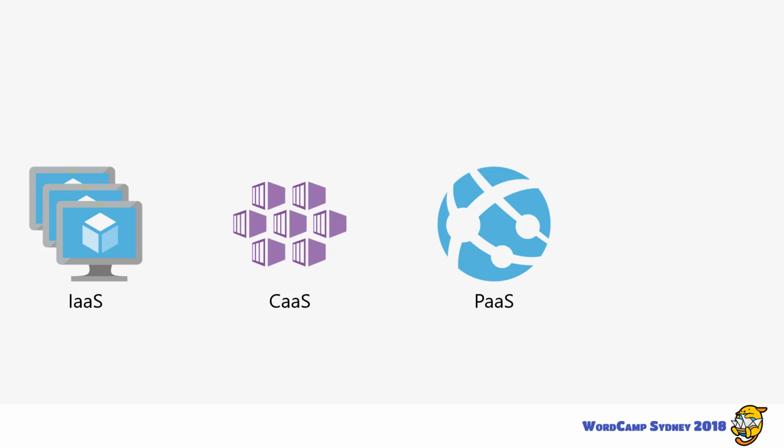Now, this is actually my favorite part, PaaS, which stands for Platform as a Service. In this case, we don't have to worry about any server maintenance. We don't have to worry about scaling. We don't have to worry about version upgrading or security issues, whatever. Because the cloud service provider handles all the maintenance.